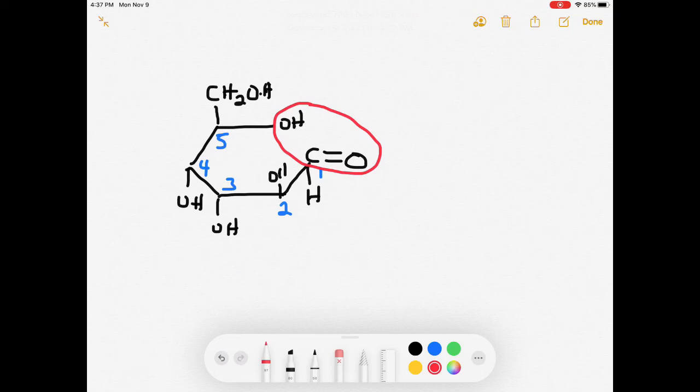So we're going to get the hemiacetal that forms. Okay, so we have the oxygen, and then it's attached to the carbon.